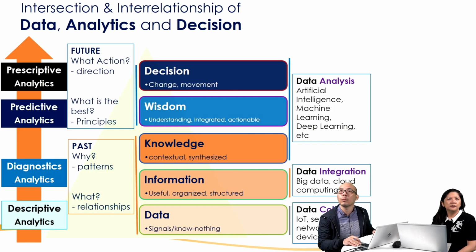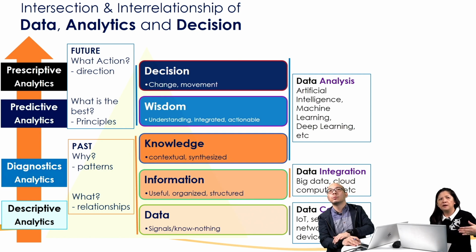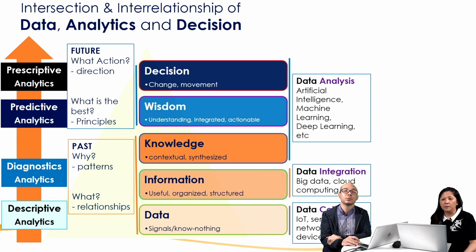Okay, so in the analytics ladder, which Brendan showed in the beginning of this webinar, the journey actually starts from descriptive, which is answering the what, to the diagnostic, which is answering the why, to predictive, which is looking at what is the impact of certain decisions, and finally to the prescriptive analytics, which is taking decisions based on models.